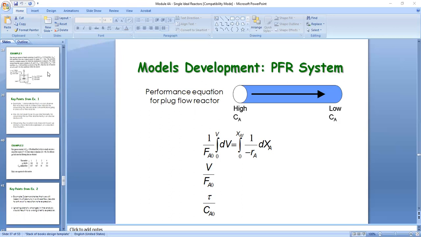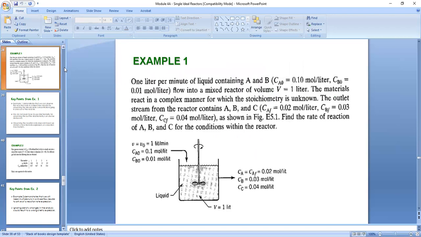So the problems that we will be discussing in this first of the 4 slides on reactor design will be concentrated only on one particular type of reactor for a single reaction. So we won't have multiple reactions in here. Okay?